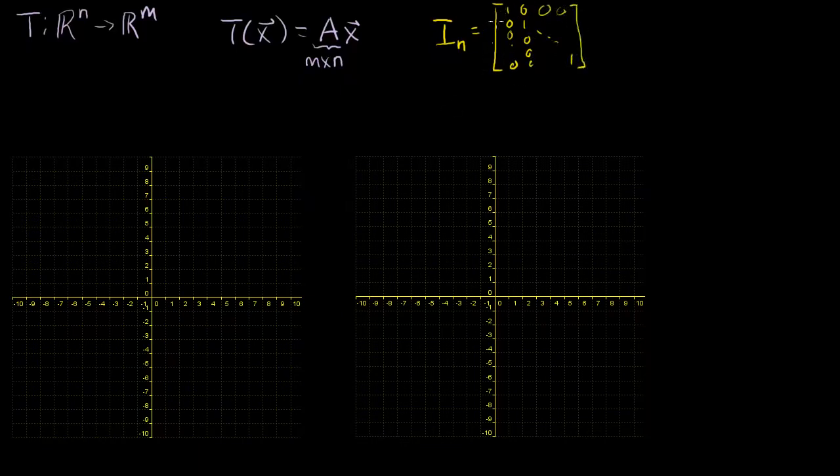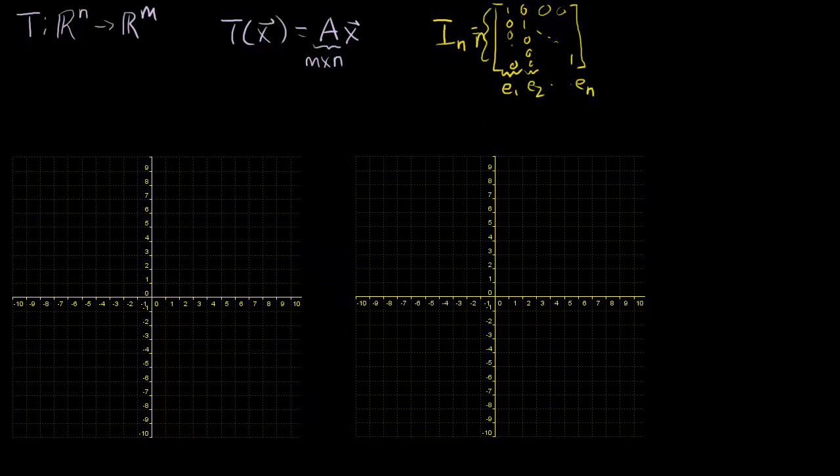You take your identity matrix and you perform the transformation on each of its columns. And we call each of these columns the standard basis for Rn. So this is column E1, this is column E2, and it has n columns, En. And each of these columns are, of course, members of Rn, because this is an n rows and n columns matrix.